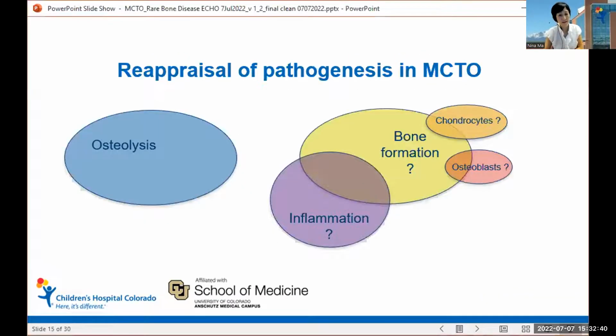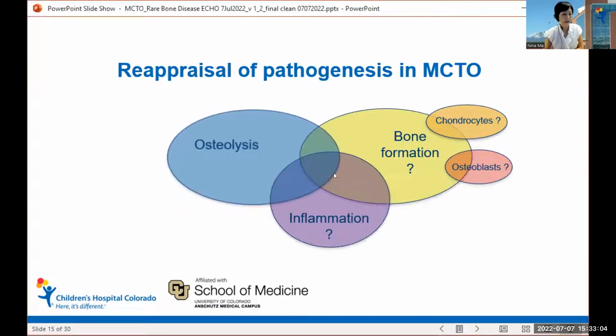And so this segues to a proposal to reappraise the pathogenesis in MCTO. In this figure, the osteolysis bubble is separated from the rest because this had been regarded historically as the primary mechanism underlying the phenotype in MCTO.